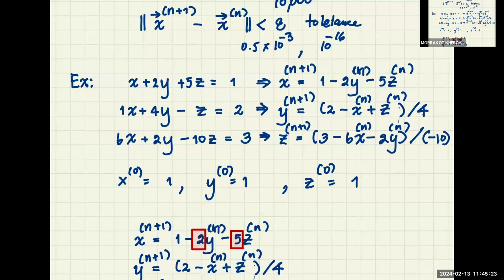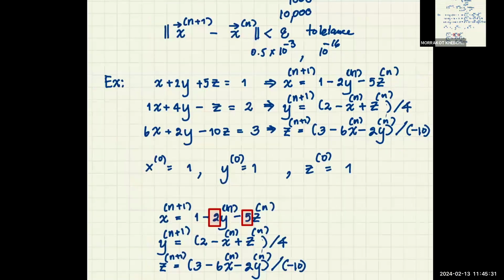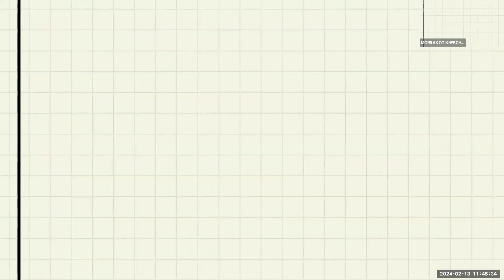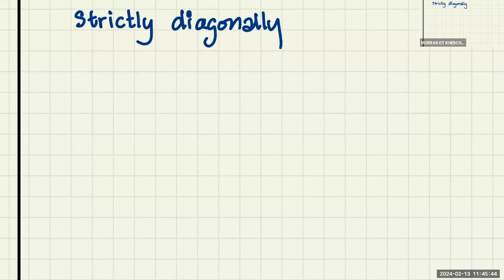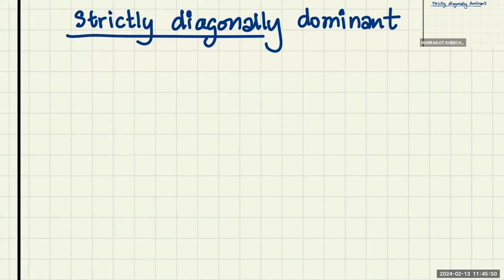So I would like to introduce you to what is called strictly diagonally dominant. Okay, so it's strictly. So from now I will say it's SDD. If the matrix is SDD, it means strictly diagonally dominant.